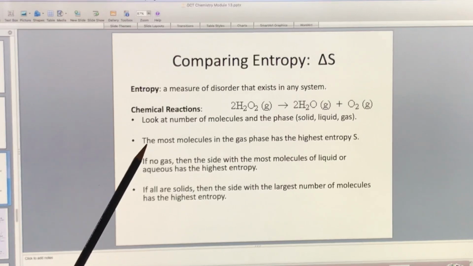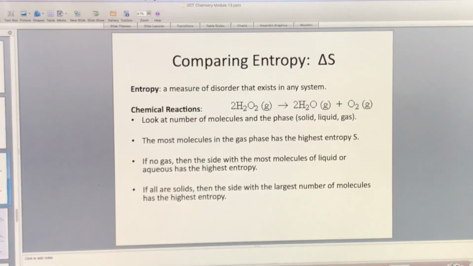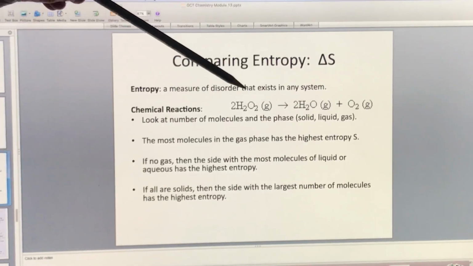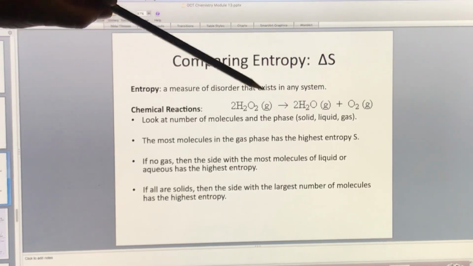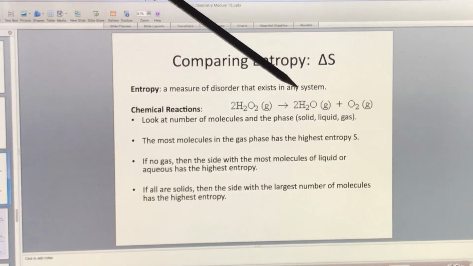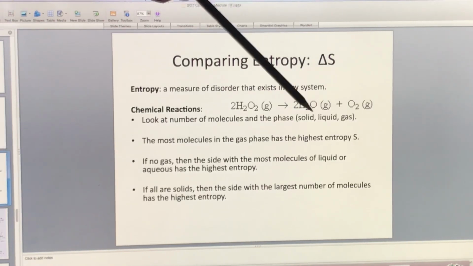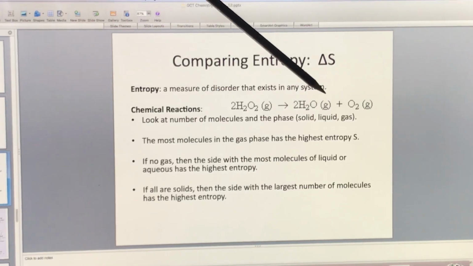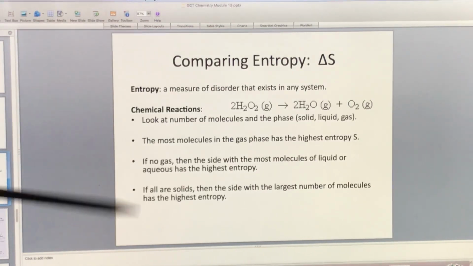First we say the most molecules in the gas phase has the highest entropy, or the highest S. So in this particular equation, we have gas both for the reactants and the products, but since the products have 2 plus 1 molecule on this side, or a total of 3, versus 2 on this side, this has more molecules of gas, so this would have the higher entropy.